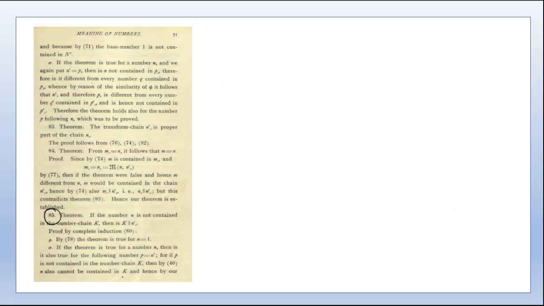Okay, so by 78, the theorem is true for n equals 1. So let's have a look at the case n equals 1. Remember, if it's by induction, we've got these two conditions, rho and sigma, that we need to satisfy.